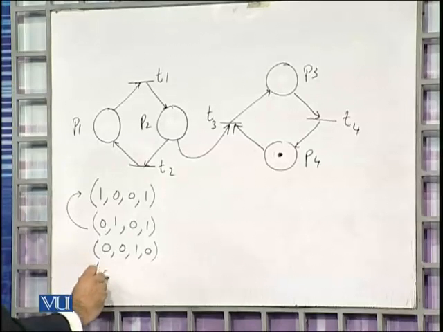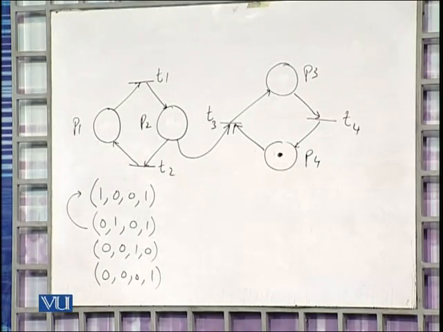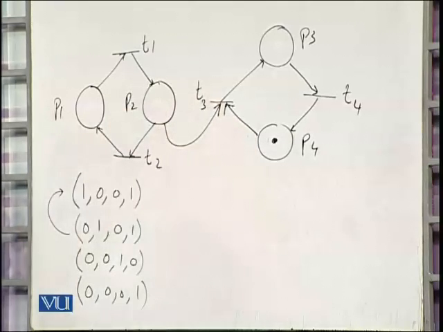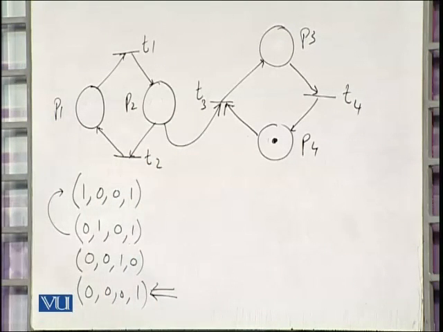So we will get 0, 0, 0, and 1. This is the state. And at this point in time, no transition is enabled because this transition requires a token here as well, and we do not have a token in place 2. That means we cannot fire any transition from this point onward. So this is a deadlocked state. So when we reach this state, the system is no longer live, it is a dead system.